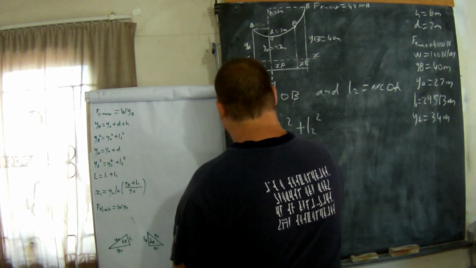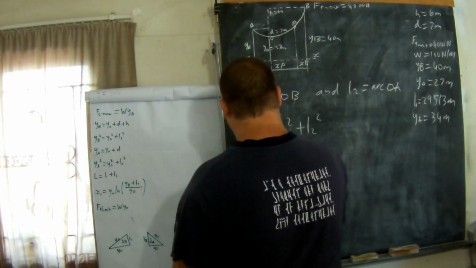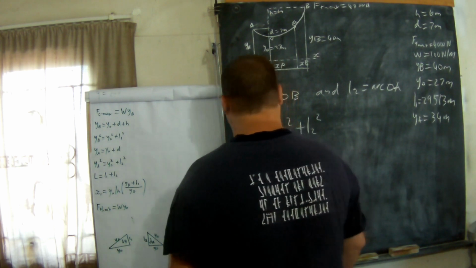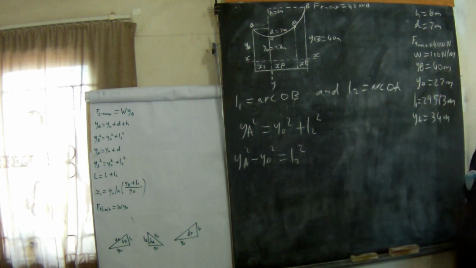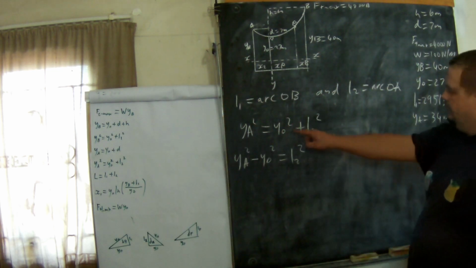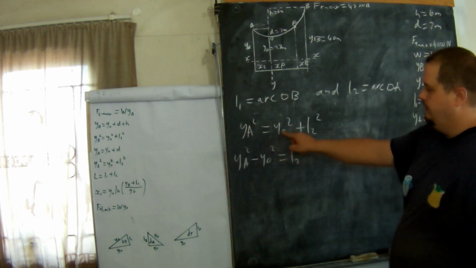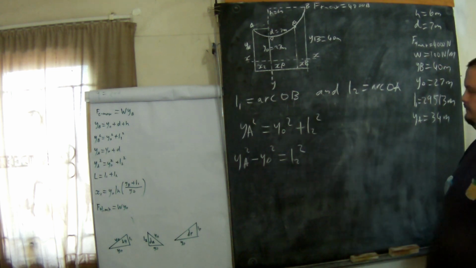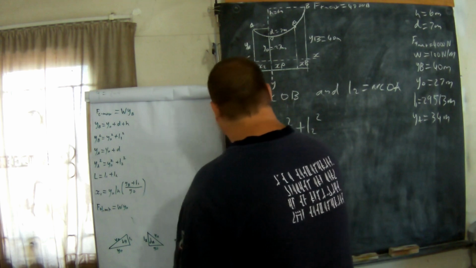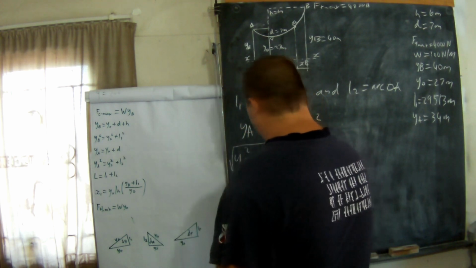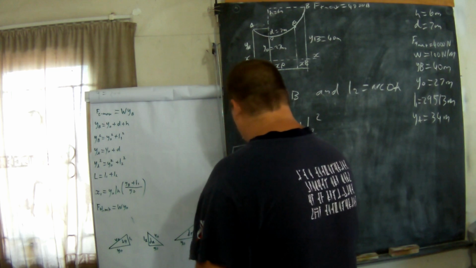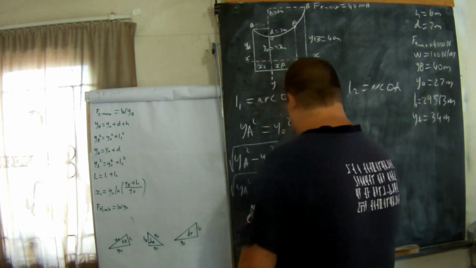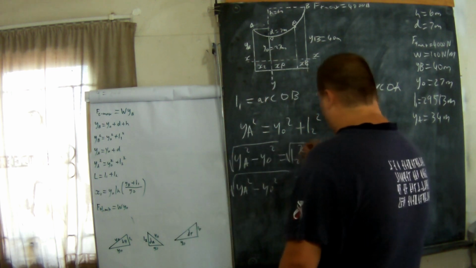So YA squared minus YO squared equals L2 squared. When you jump over the equal sign, when you jump over the gate, it becomes a minus and runs away. So YO squared ran away because we want L2 by itself. Okay, now what we're going to do is square root both sides. Then we have the square root of YA squared minus YO squared equals L2, because the root cancels the square.